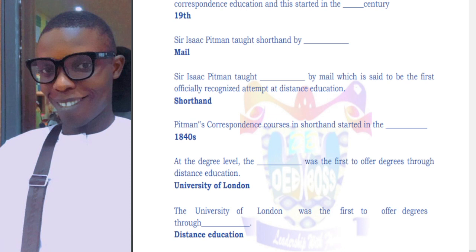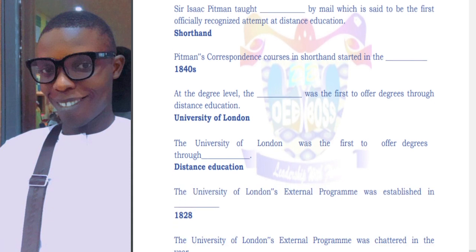It might not have been the first anyway, but it was the earliest. That means it was among those that were recognized early enough, before many other attempts were coming forth. Sir Isaac Pitman taught shorthand by mail, which is said to be the first officially recognized attempt at distance education.